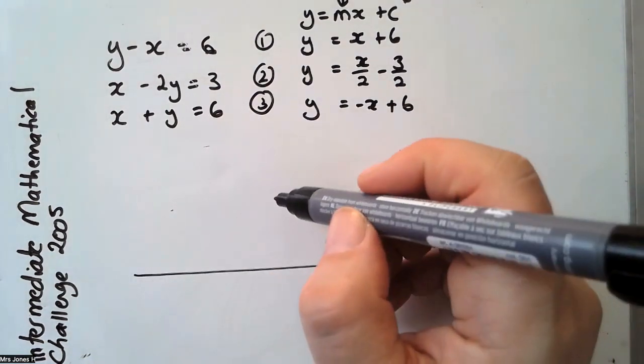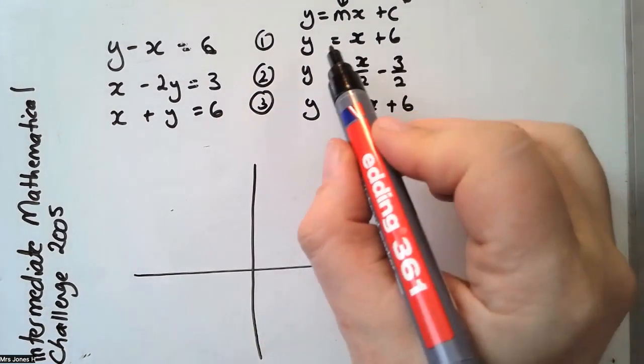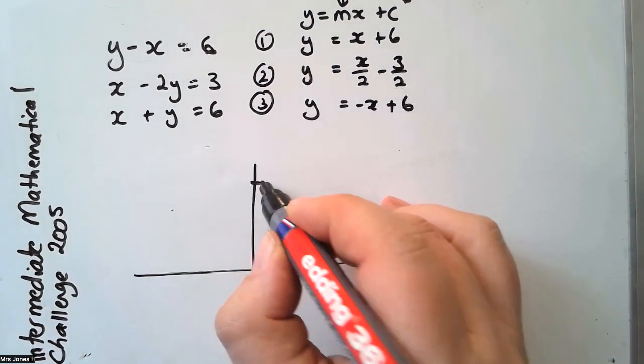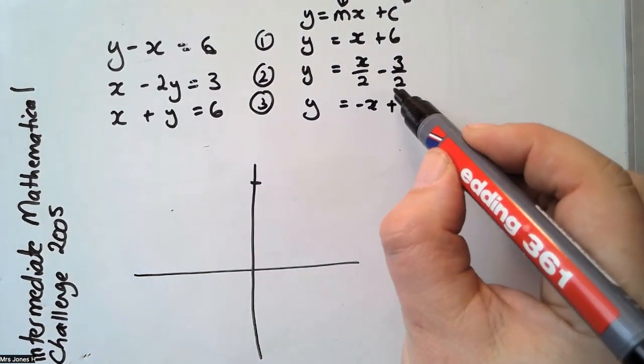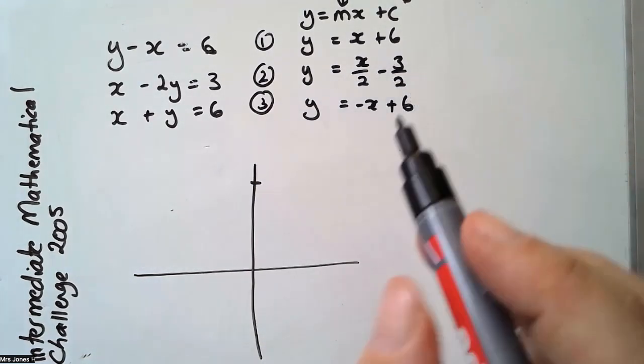And then I'm going to plot. What I know is the y-intercept for 1 and 3 is going to be 6. And I know that the y-intercept here is going to be negative 1.5.